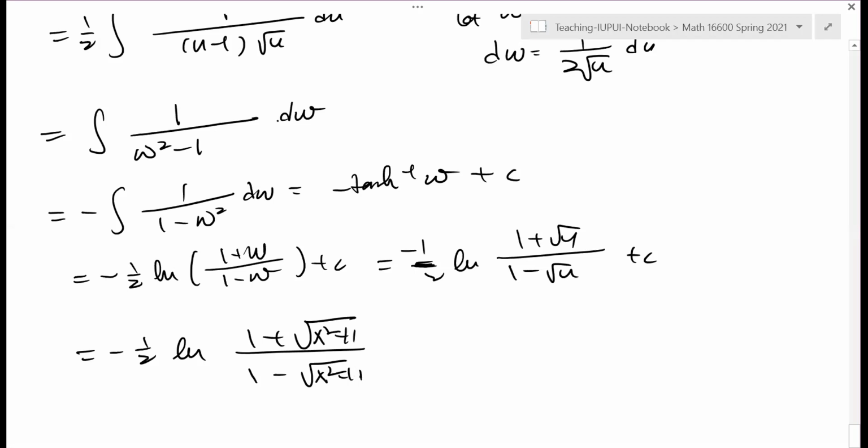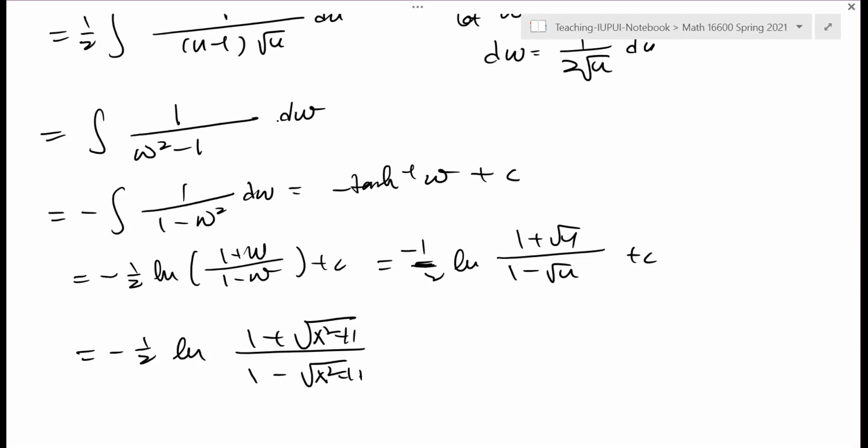Since our w is positive, it is greater than 1. So you have to be careful about this. Otherwise, it's not defined. Our w is greater than 1, w is square root of x squared plus 1, so it's not less than 1.